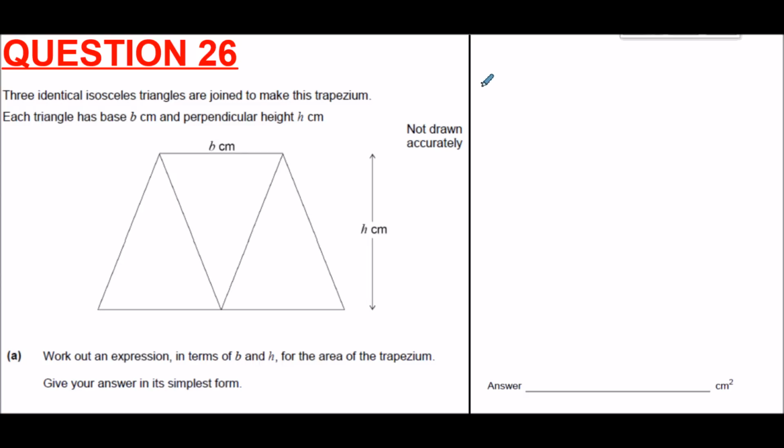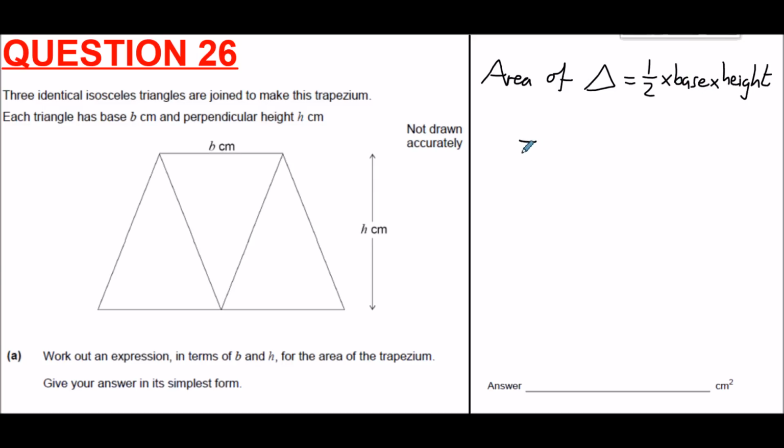What we should know is that the area of a triangle equals half times base times height. We can halve at any time, but it's often easier to halve at the end. So base times height, and then we divide by 2 at some point.